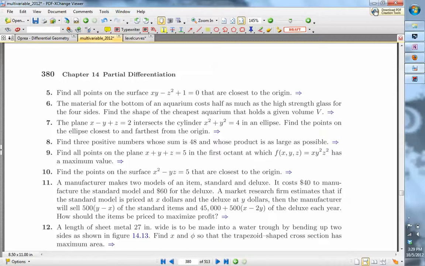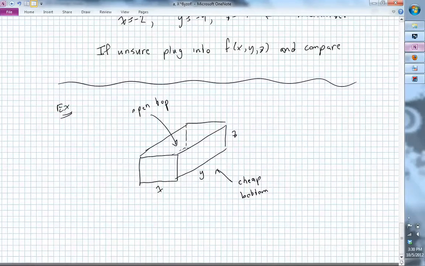What's the constraint? Volume is the constraint, right? We want a specific volume, V in this case. They're not going to give you some absolute 30 gallons or something like that. They're just going to say V, solve it for some general V. And the thing that we're trying to optimize is the cost.